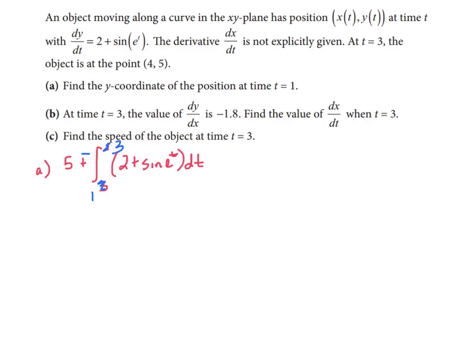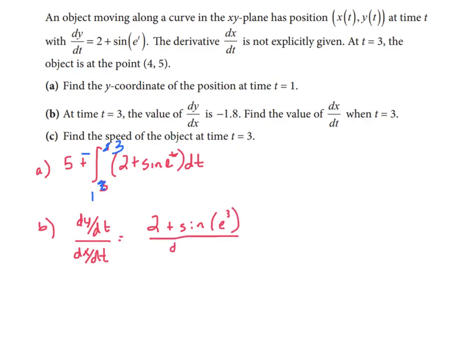Okay. Part B says at time 3, the value of dy/dx is negative 1.8. Find the value of dx/dt. Well, remember, the derivative is dy/dt divided by dx/dt. I don't know what dx/dt is, but at time 3, dy/dt is 2 plus the sine of e cubed, just plugging 3 in.